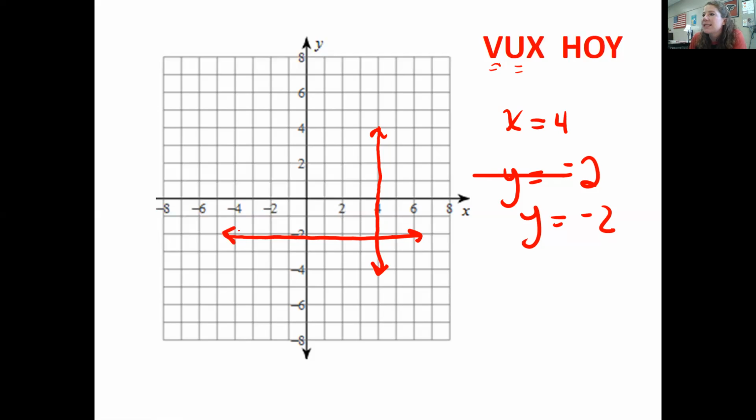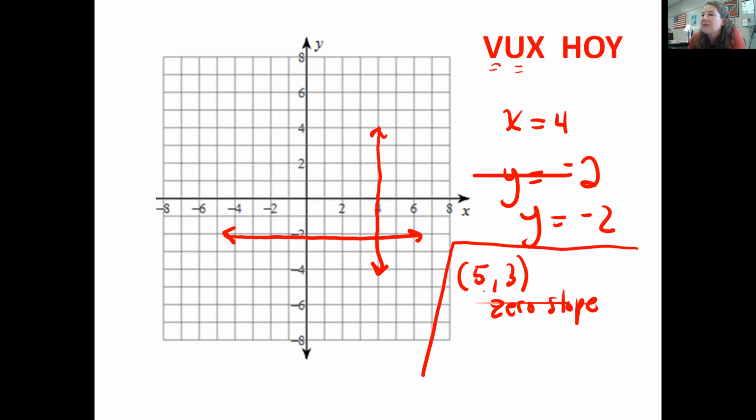Okay, so let's say that I'm given a coordinate, 5, 3, and I know my line has a slope of 0. This is a kind of problem that you might see. If I have a point at 5, 3, and I'm told that my slope is 0, what is the equation of the line?